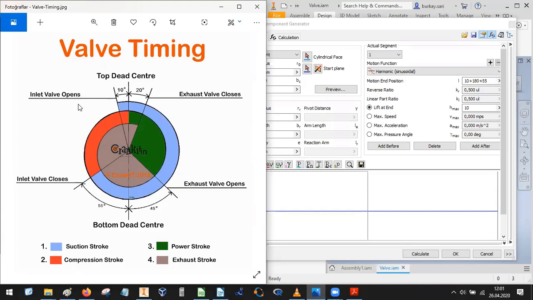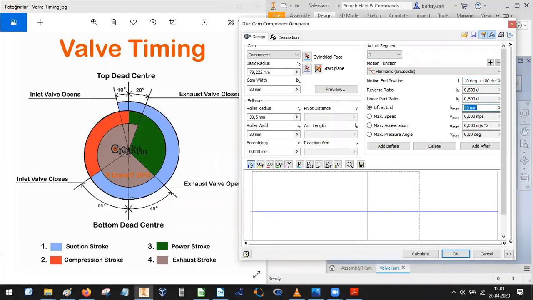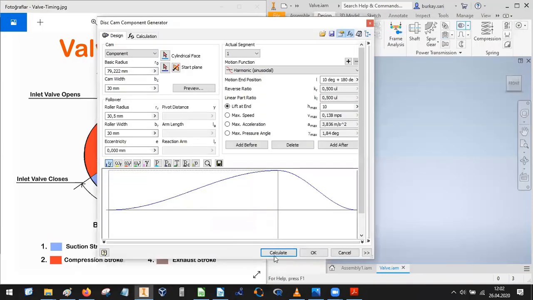And after that, we have a closed cycle. And after that, the lift end will go to 0. I will make the calculations. I'm sorry, 10 degrees. I may have a cycle something like this. At the end of this one, I will make the closure at this end.